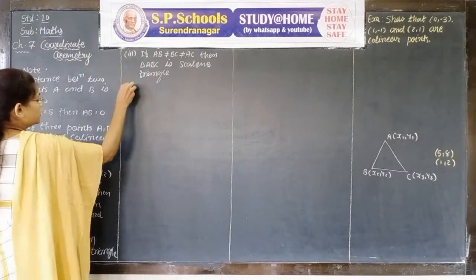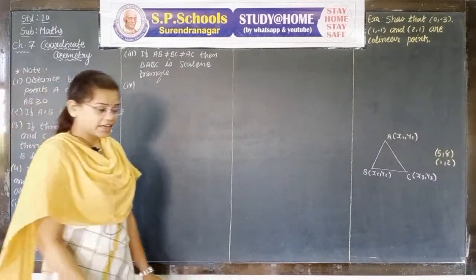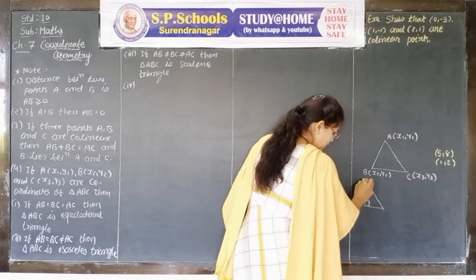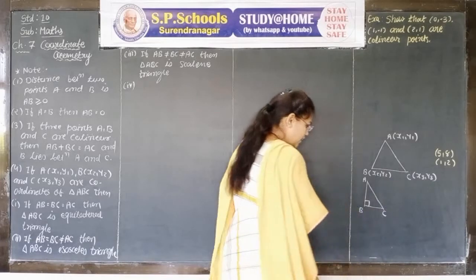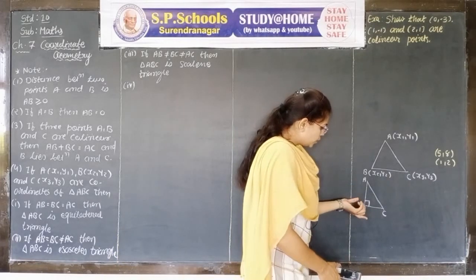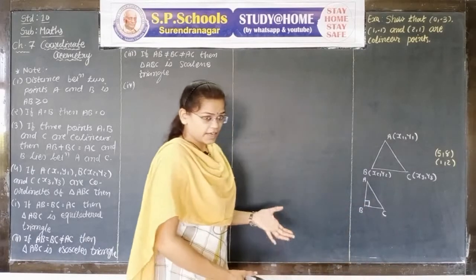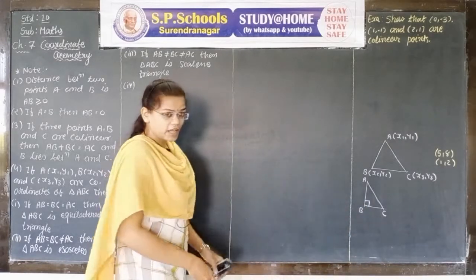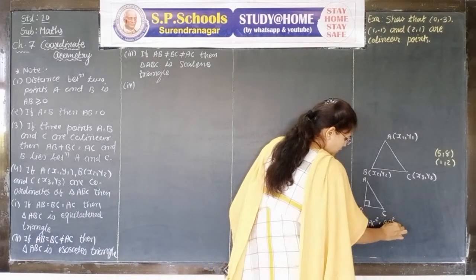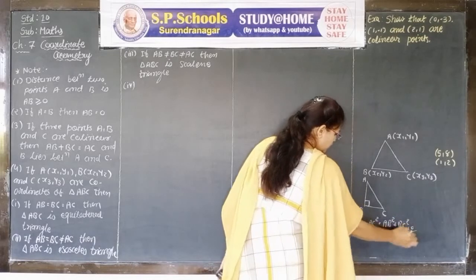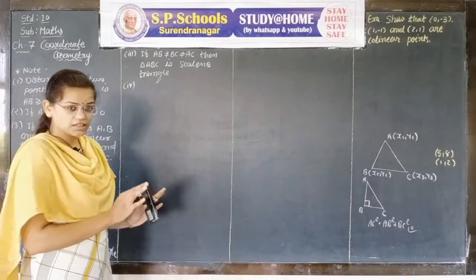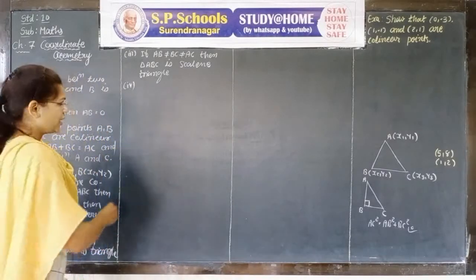Then the fourth is the right triangle. As we know, in a right triangle one angle is 90 degrees. AC is called the hypotenuse, and AB and BC are the two sides that intersect each other at a right angle. As we know the Pythagoras theorem here, AC square is equal to AB square plus BC square. If this condition holds in the triangle, then the triangle is a right triangle.